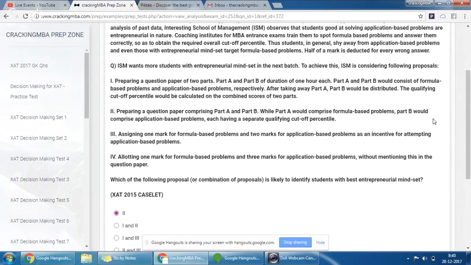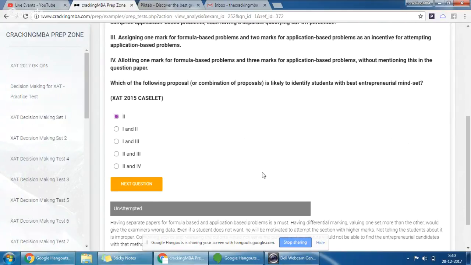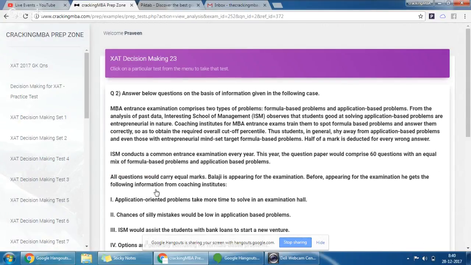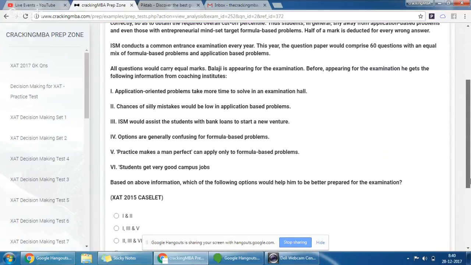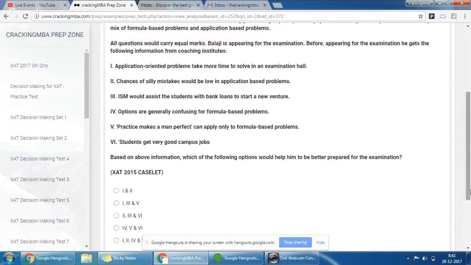Okay. So let's move on. Here we are saying, again, the same thing. We have 6 different inputs that are provided. Which of the following will help him prepare for the exam better? So this is a sitter question, I feel.